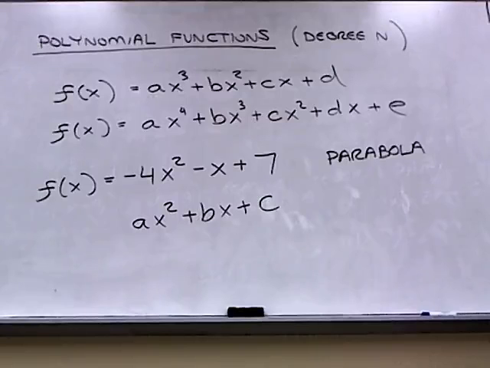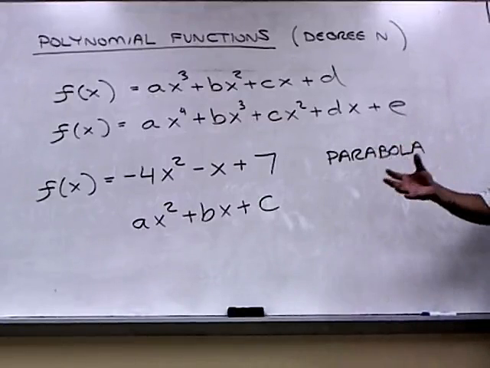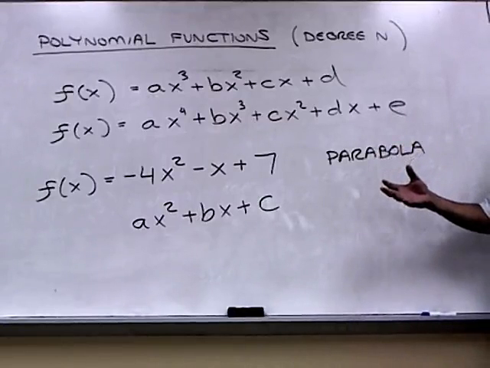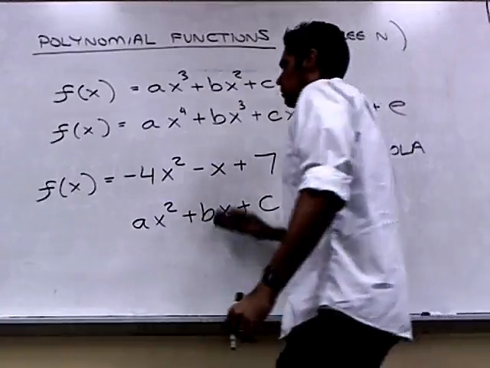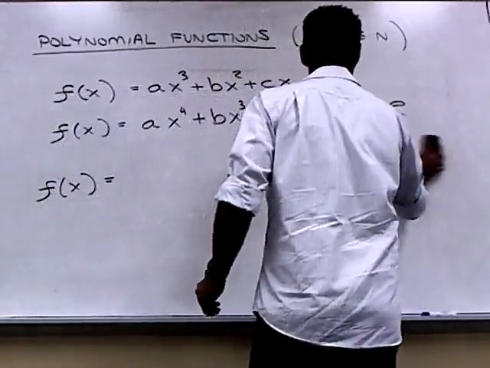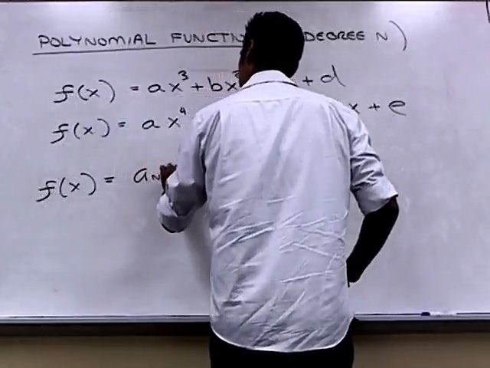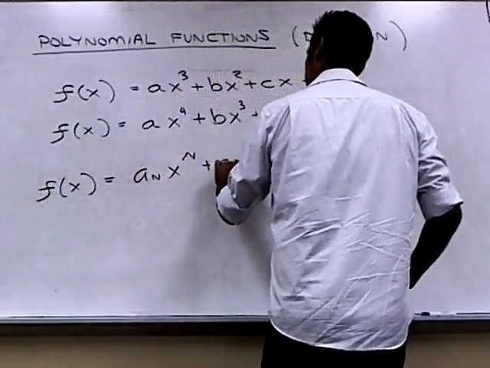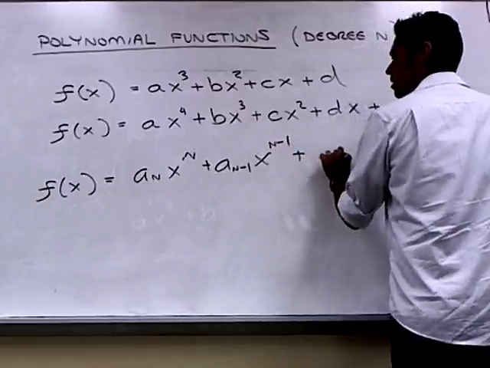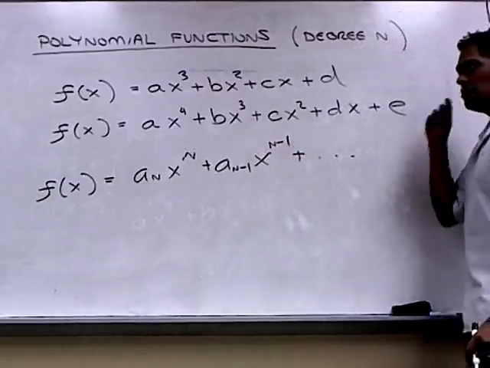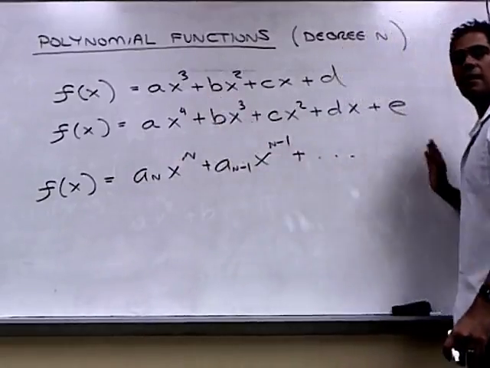Yes? So why is it that when we get to the general definition of any polynomial, I use that ugly thing I used a second ago? The general definition was a sub n x to the n plus a sub n minus 1 x to the n minus 1 plus all that. Why did I do that instead of just using a, b, c, d?